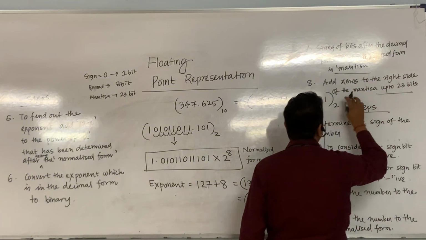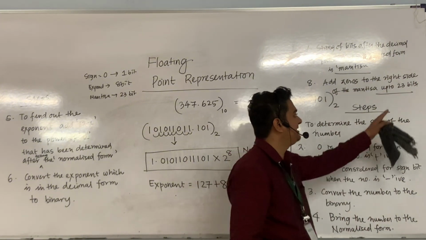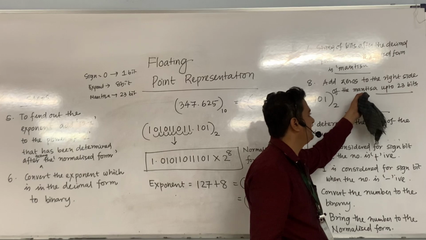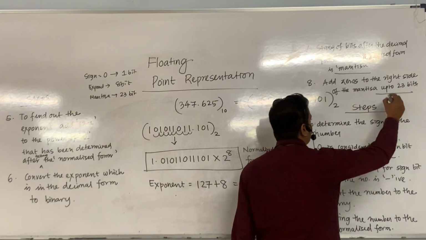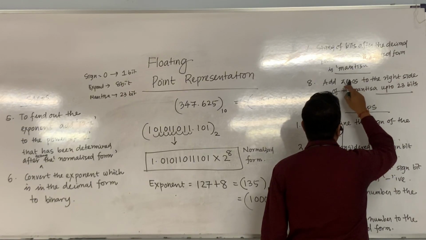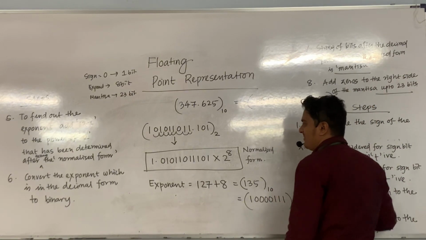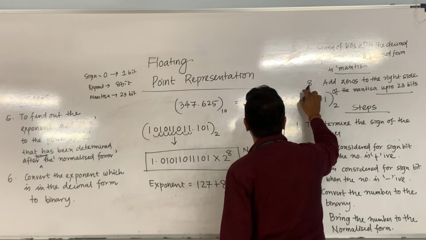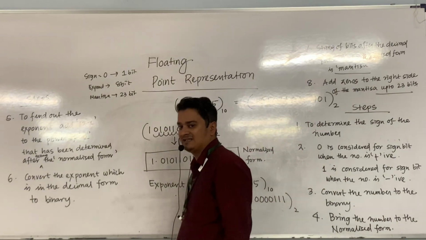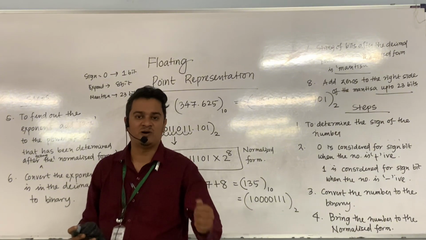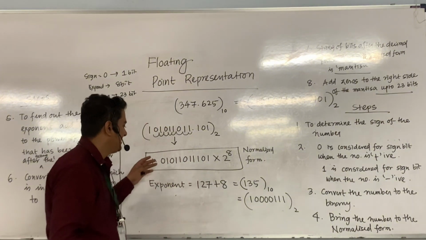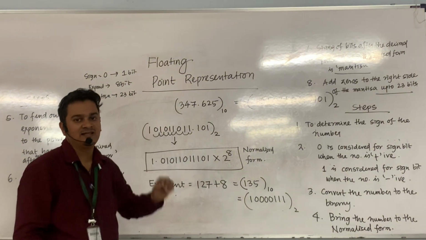Whenever you get fewer than 23 bits in the mantissa, you have to add zeros up to 23 bits. This is the final step, the 8th step. So let us write how the final floating point representation is associated with this number.